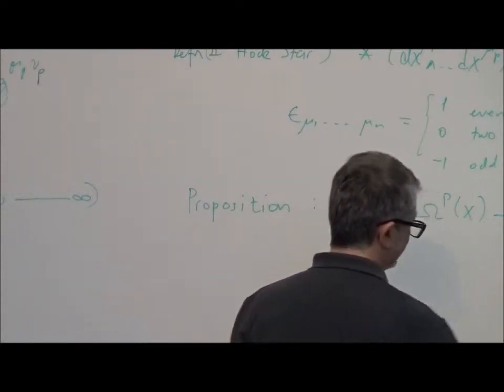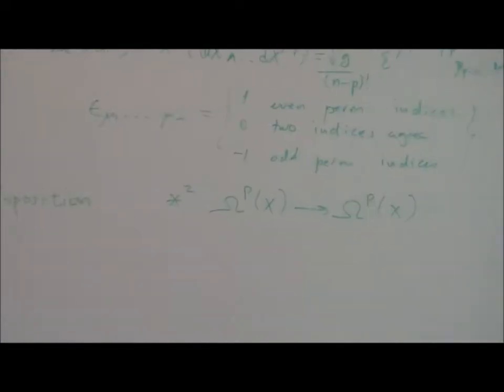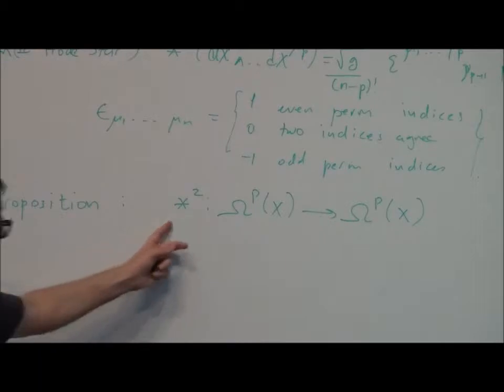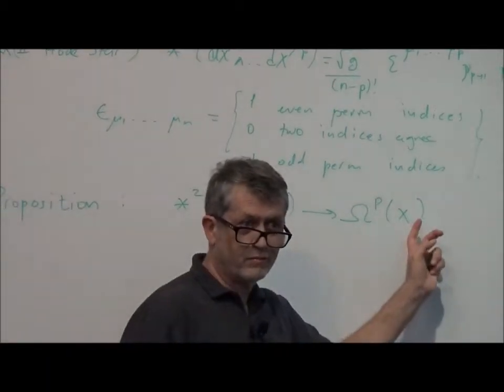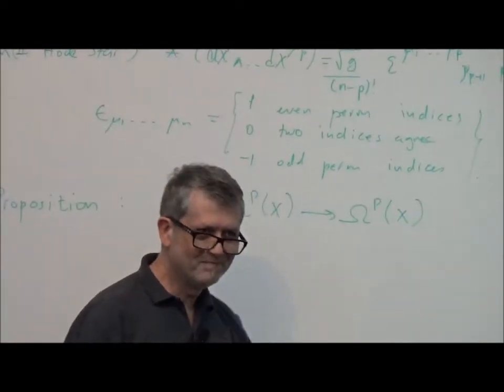That's obvious, because if you look at the definition, star maps omega p to omega n minus p. And then if I act again with star, I get n minus (n minus p), the n's cancel, I get plus p. So star squared is a map from omega p to omega p.